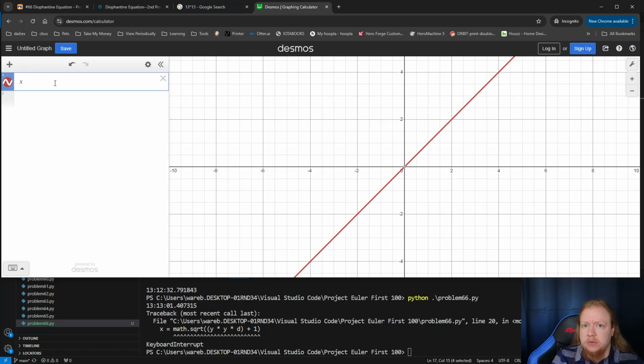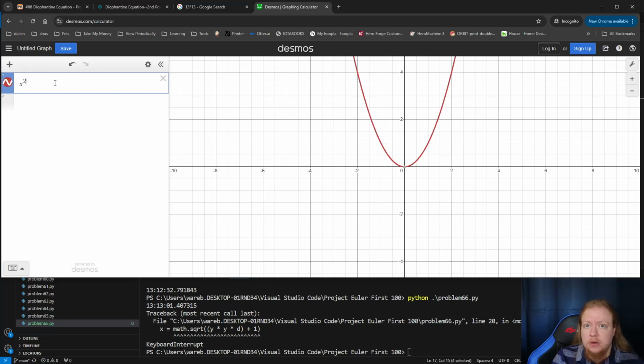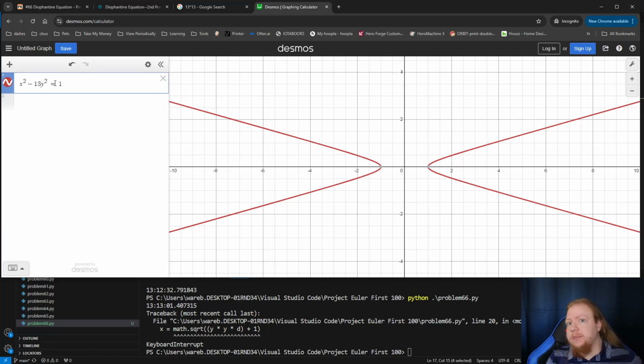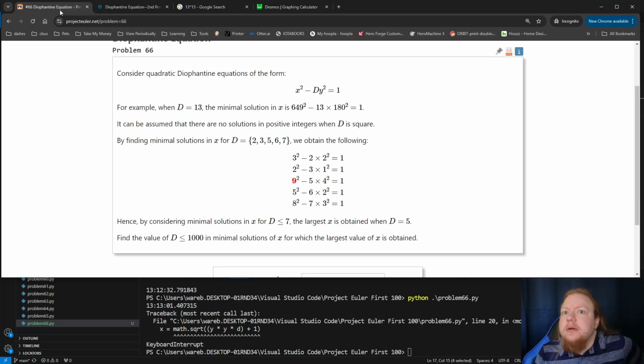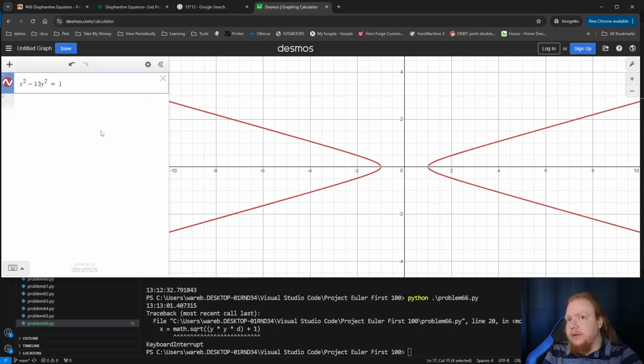Okay, so x squared minus 13y squared equals 1. Did I do that correct? It doesn't seem like I did that correct because this graph does not meet.